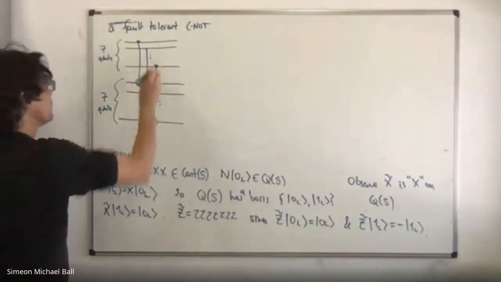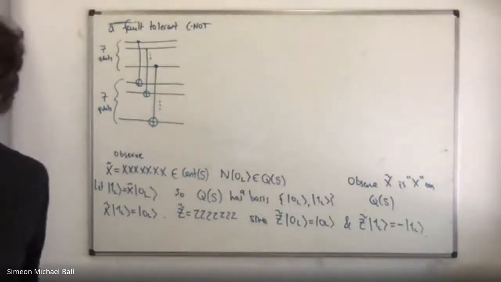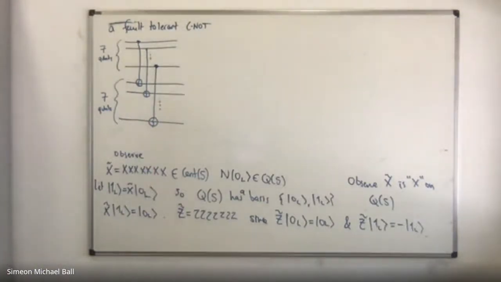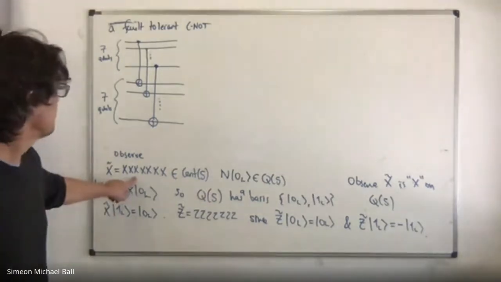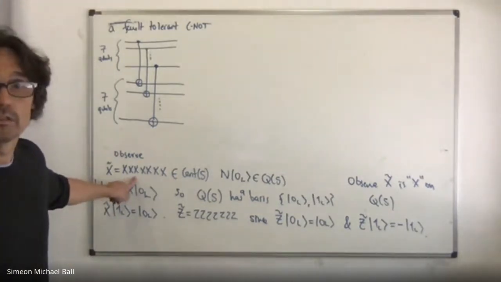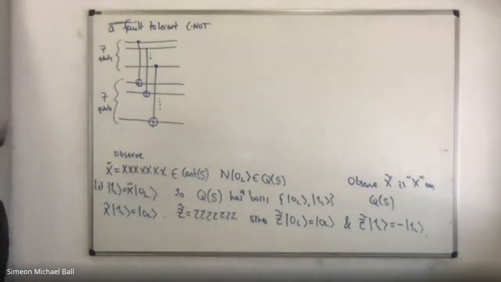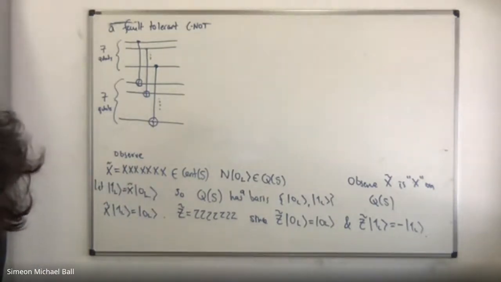This would be how we implement the C naught here. Because again, if the x is on the first and x on the second equals 1, there you get the fault tolerant C naught.